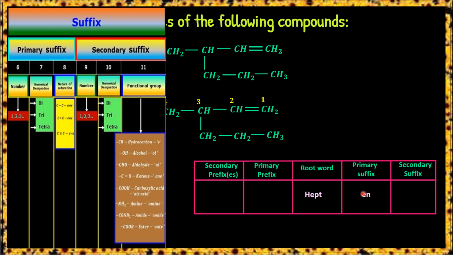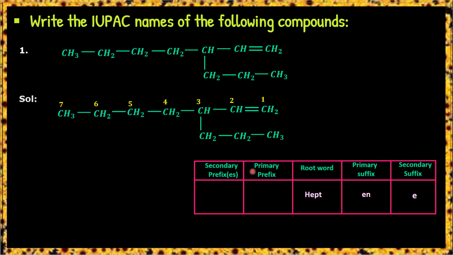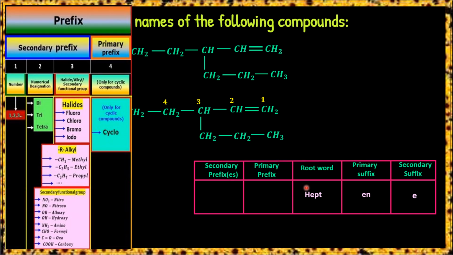The primary suffix is ene, and in this compound only carbon and hydrogen atoms are there. That means it is a hydrocarbon. For that reason, in the case of hydrocarbons, the functional group suffix is e. Next, the primary prefix won't come. It comes only for cyclic compounds.